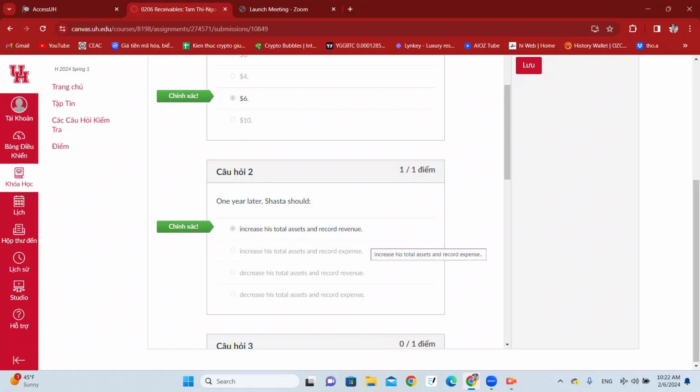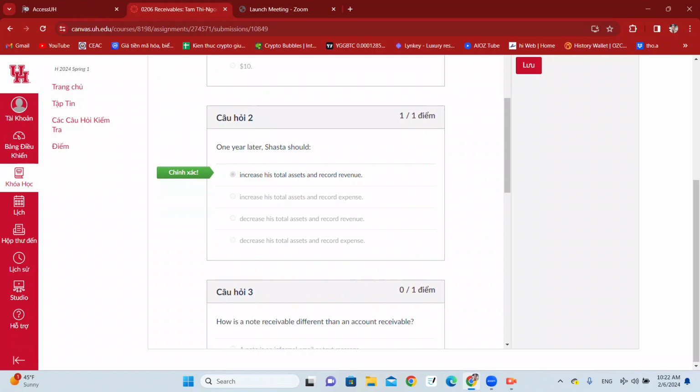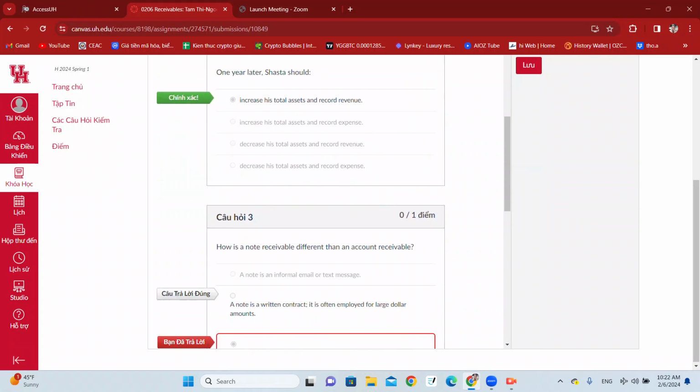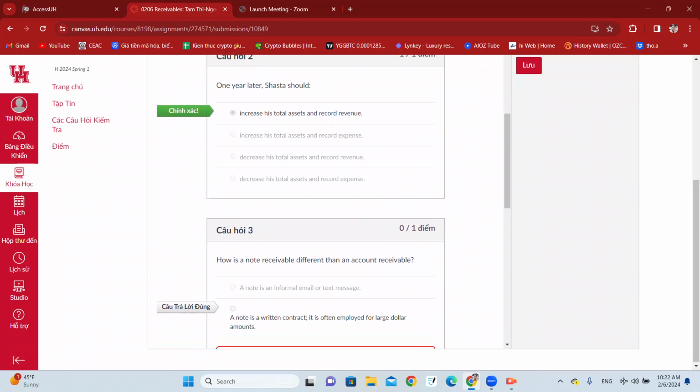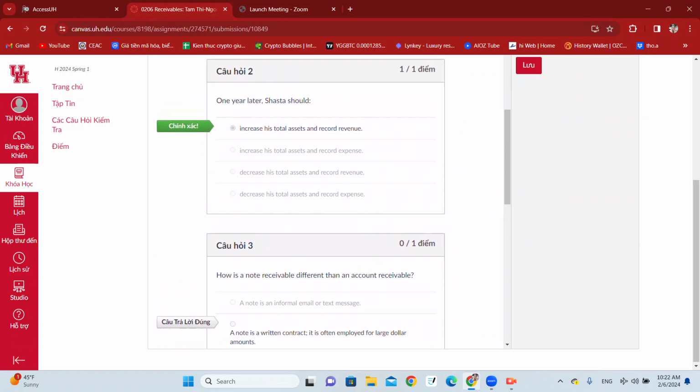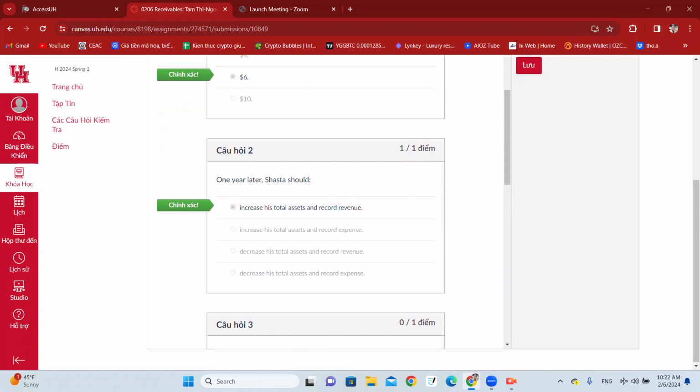So each year, as you recalculate the present value, because the present value of the asset is always going to be what the asset value is recorded at, the total assets are going to be increasing every year. And as assets increase, you're going to have an increase in the value of the firm, which will be revenue.